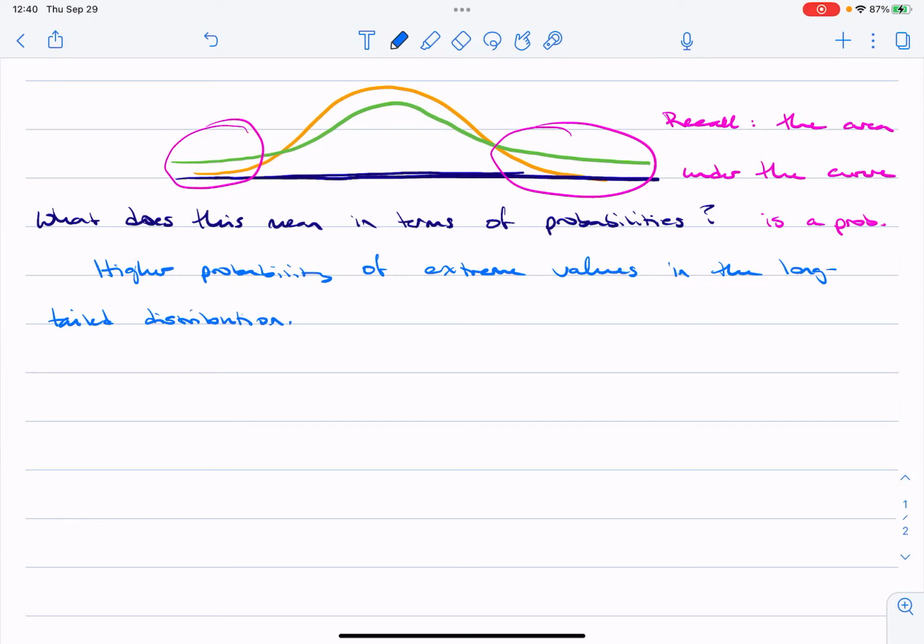Like I was saying, when we have a long-tailed distribution, and we're working under the assumption that it's a normal distribution, then we're going to be thrown for a loop a lot, right?